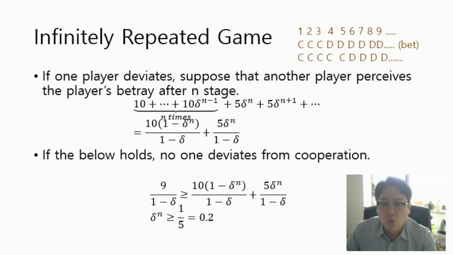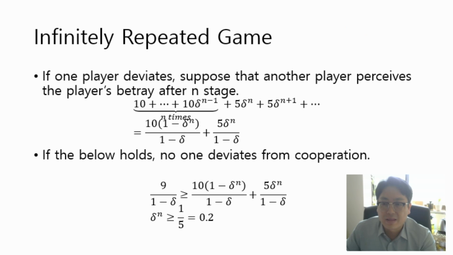So if this holds, then they can keep playing cooperation. Look at this, because minus delta is common here, we can get rid of this delta.